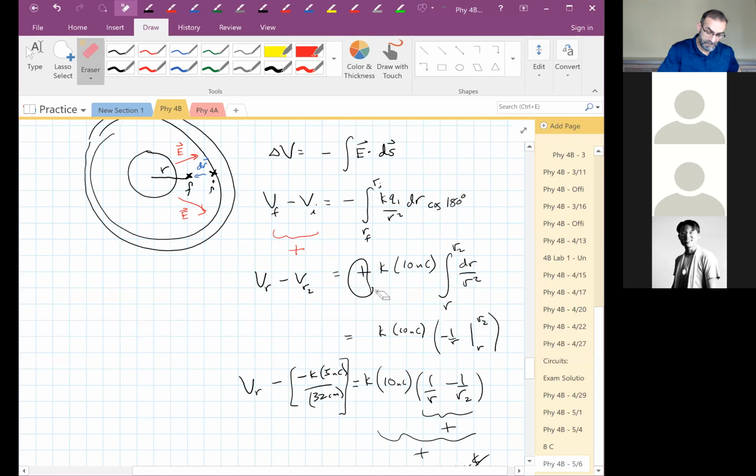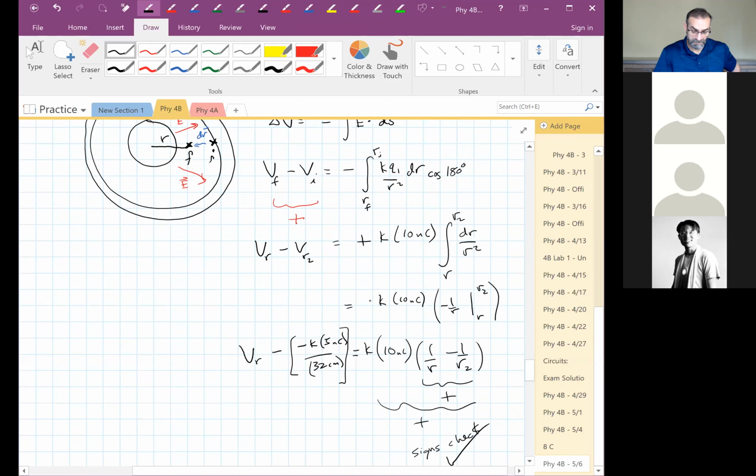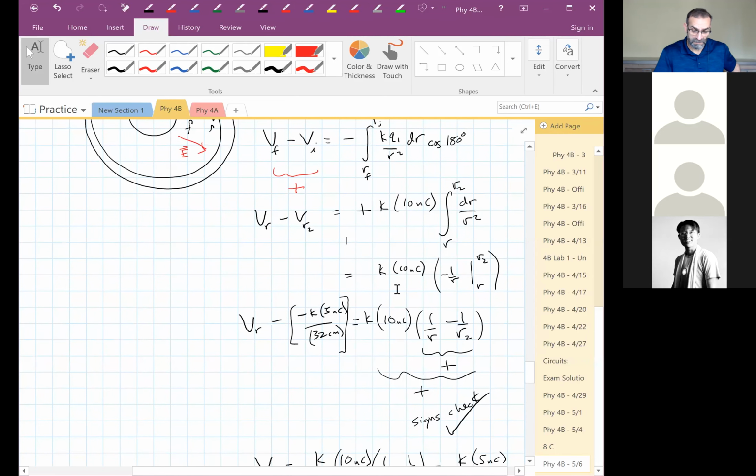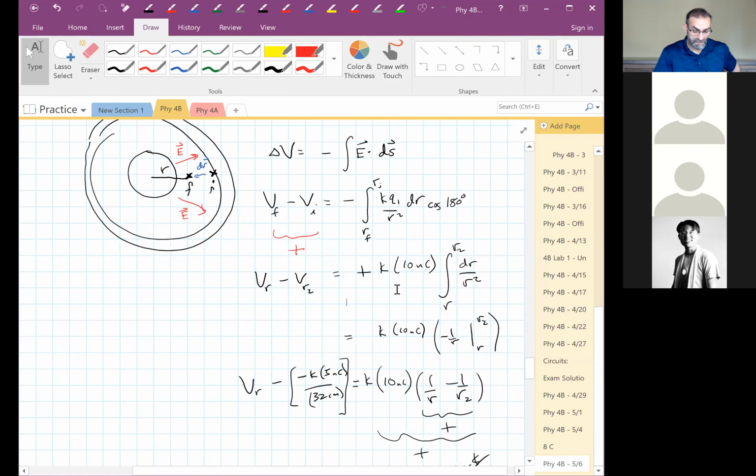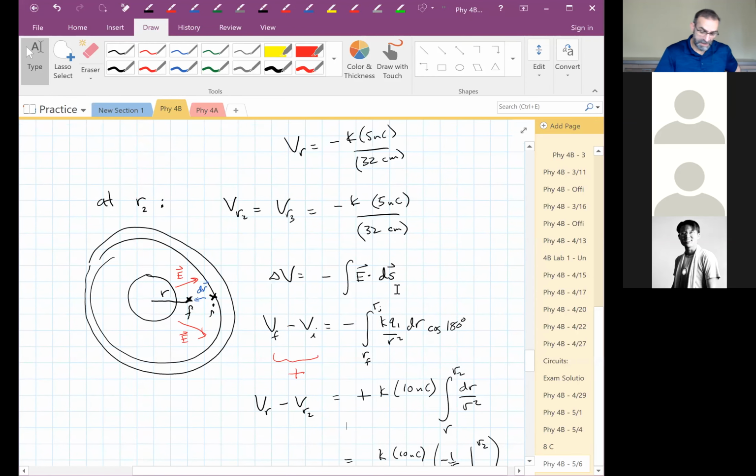And then the integral is from r to r2. I thought it should be from the initial r2 to r. No, in math, you always put the smaller number at the bottom of an integral. That's what I'm told.